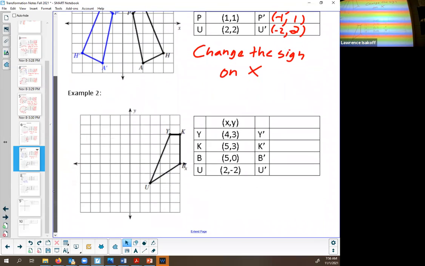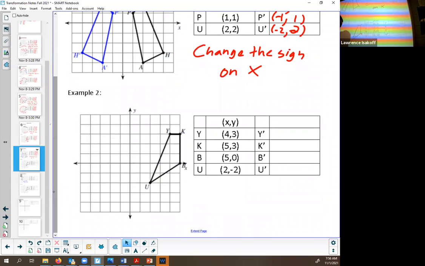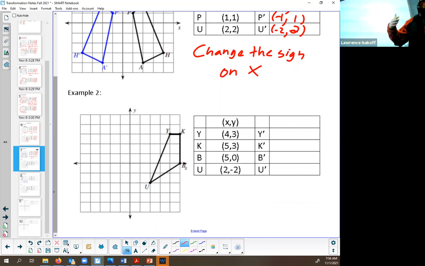So let's take a look at this one in motion. So again, all I have to do, my x's, if they're positive, they turn negative. If they're negative, they turn positive. So that's (-x, y).